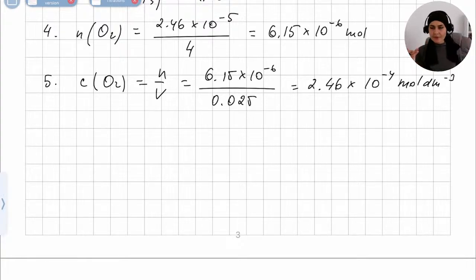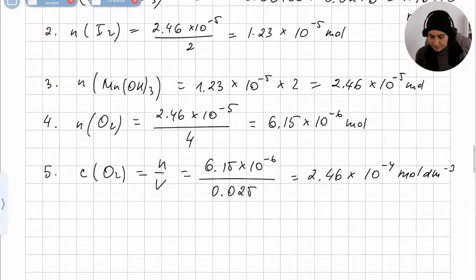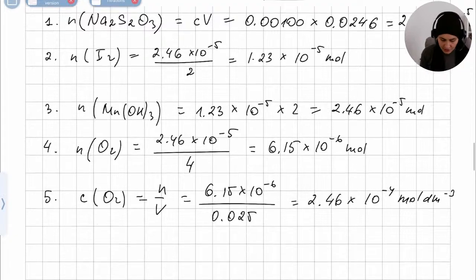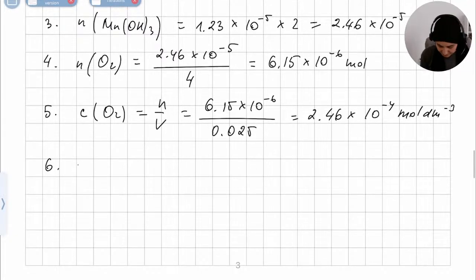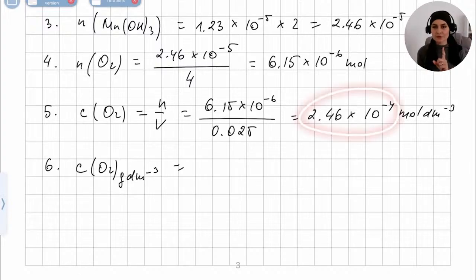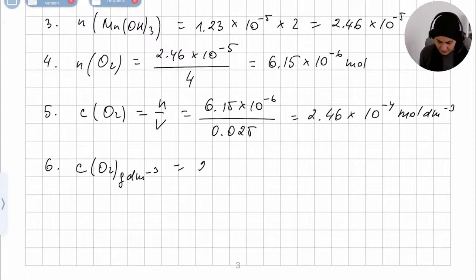And then, this is how many moles I have in 1 cubic decimeter, and I need to find how many milligrams I have in a cubic decimeter. So let's do it in grams per cubic decimeter first. To find how many grams I have, I have to multiply by the molar mass of oxygen, right? Because mass is moles times Mr. This you remember, I hope.